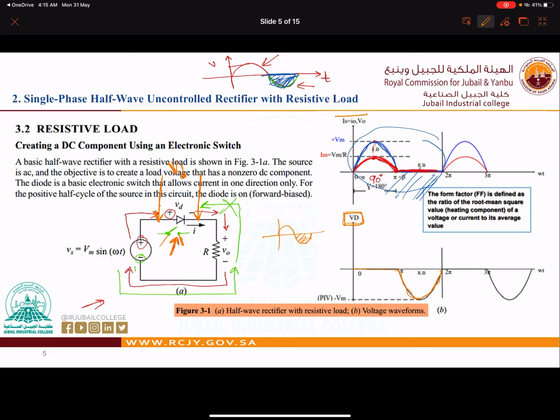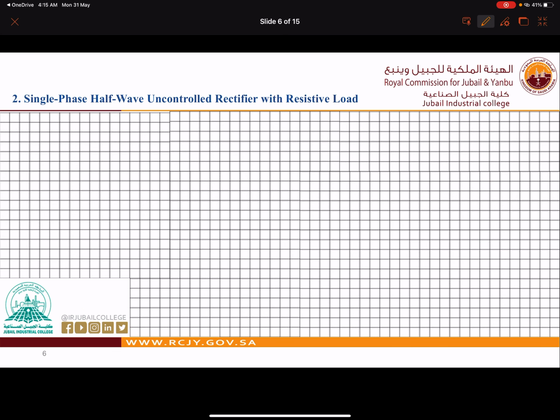Now here, as I explained, this is the voltage output and the current output. Draw it here together with you.